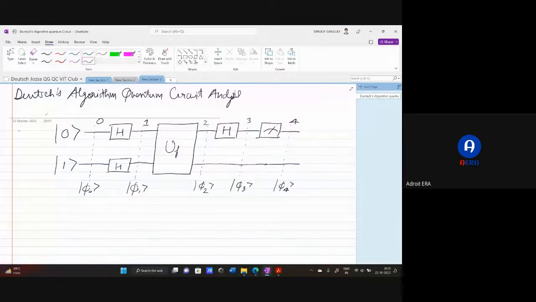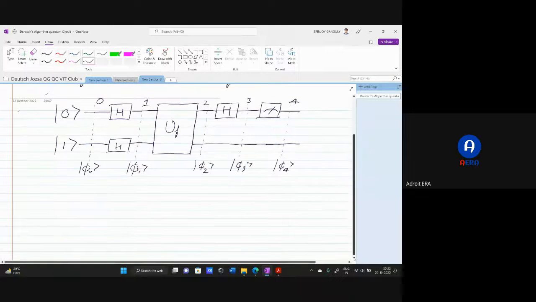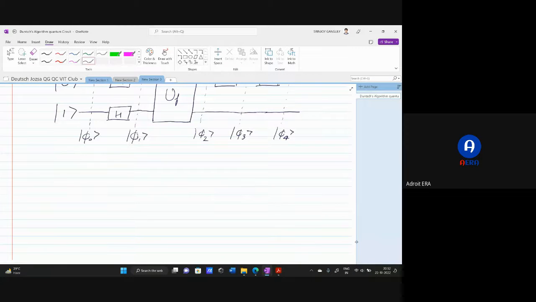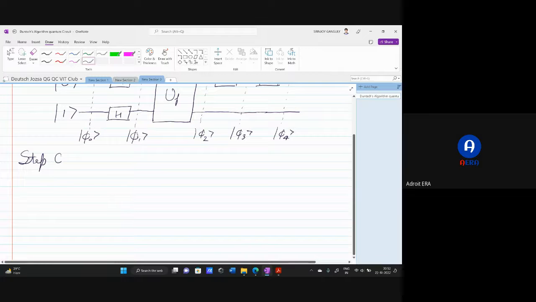Since we have a few minutes more, let us try to just write step 0 for this circuit. So what is step 0? Initially we prepare the state.